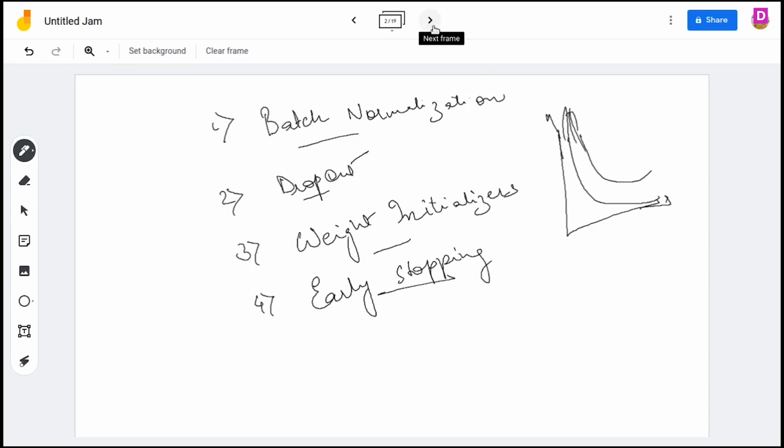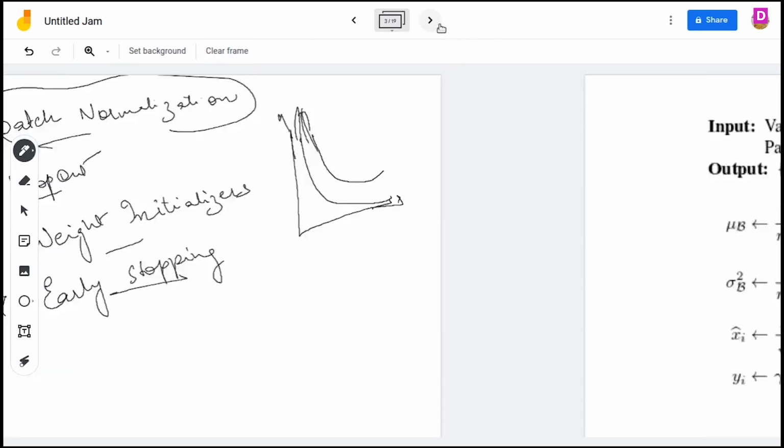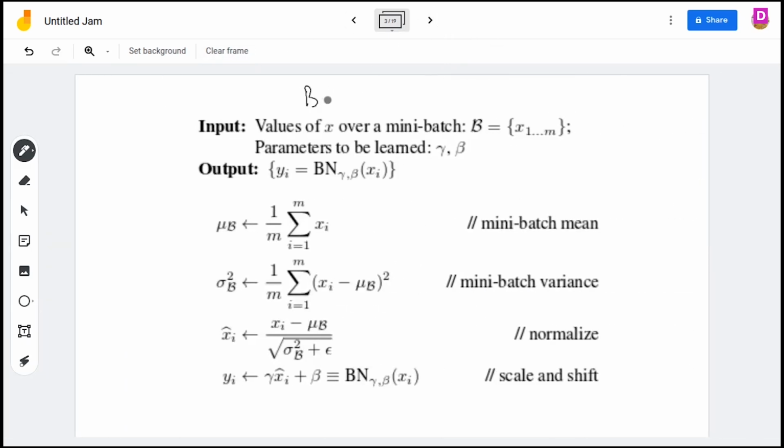Now we will go through each of these one by one and I'll explain everything to you. So first we start with batch normalization. This was the diagram and the equations that were given in the paper on batch normalization.